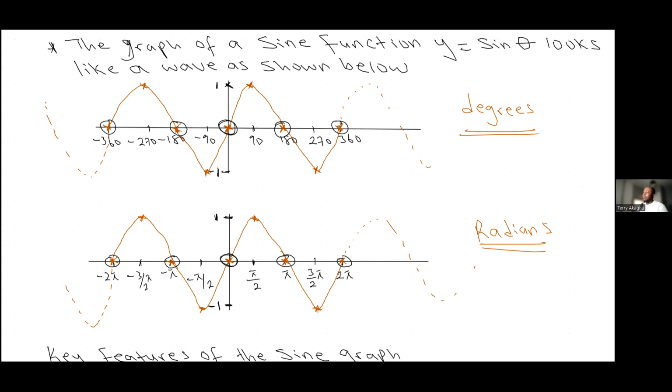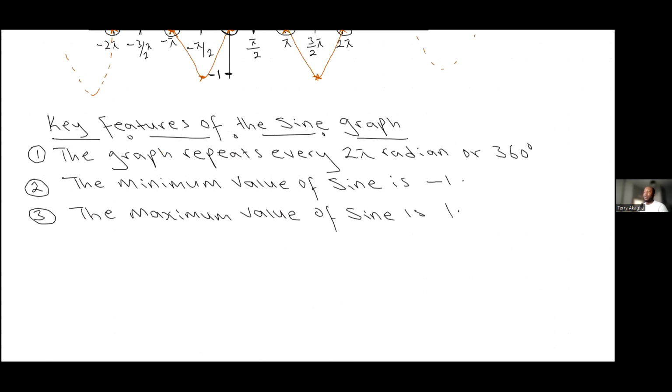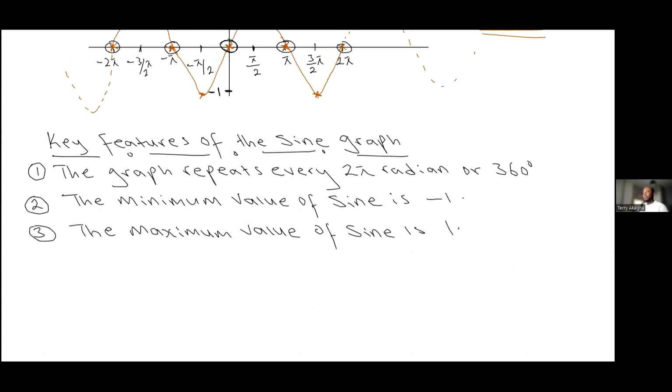So these features that I'm saying here are basically from the graph that I've written up there. So number 4, the graph crosses the x-axis at 0. So that means at the origin. Some textbooks call it the origin.